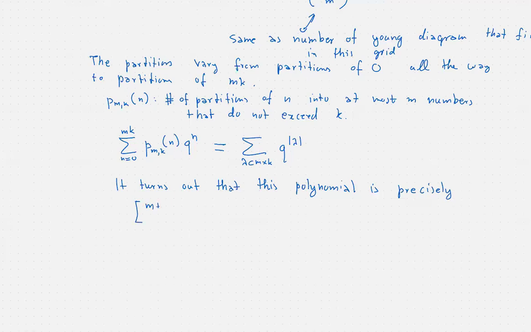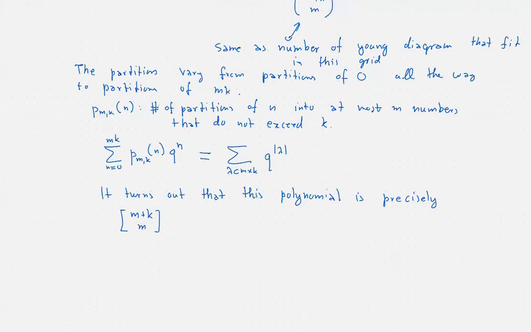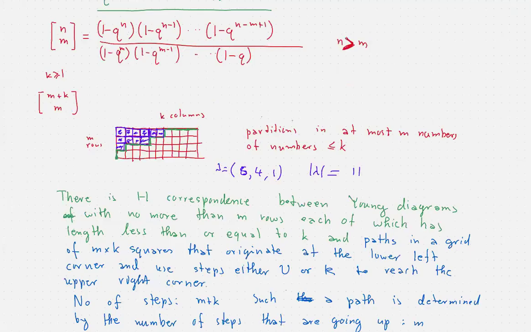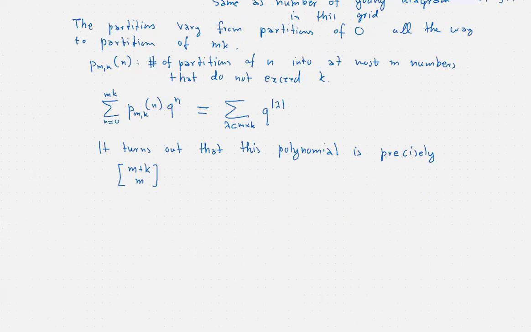Okay, so it turns out that this is precisely the case. And what we would like to do is pretty much justify why this is true. But for the moment, all we wanted to do is identify these polynomials as polynomials that are linked to partitions where we control both the number of terms in the partition and the size of terms in the partition. And that's all. Thanks for watching.